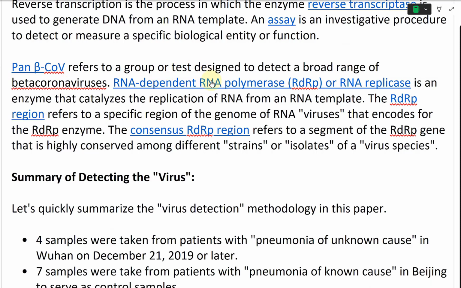So pan-beta-CoV refers to a group or test designed to detect a broad range of beta coronaviruses. And RdRp, the R stands for RNA-dependent RNA polymerase. RdRp, or RNA replicase, is an enzyme that catalyzes the replication of RNA from an RNA template. So this replication is RNA-dependent RNA polymerase.